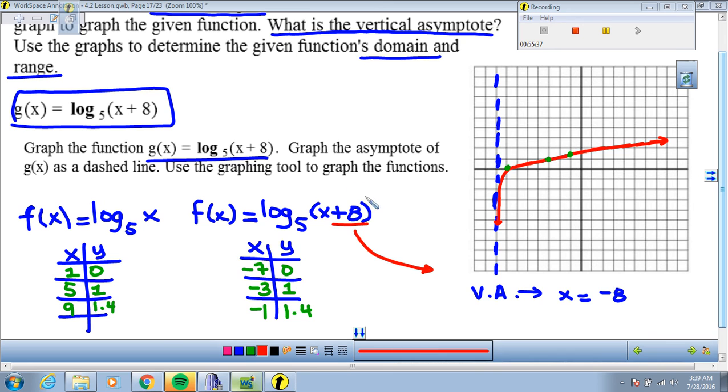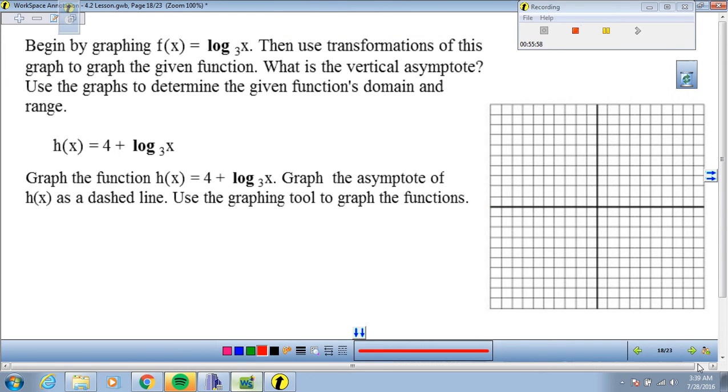So how do you enter this on the calculator? You put log of x plus 8 divided by log of 5. That's how you put it. This one, same thing, doing transformation.